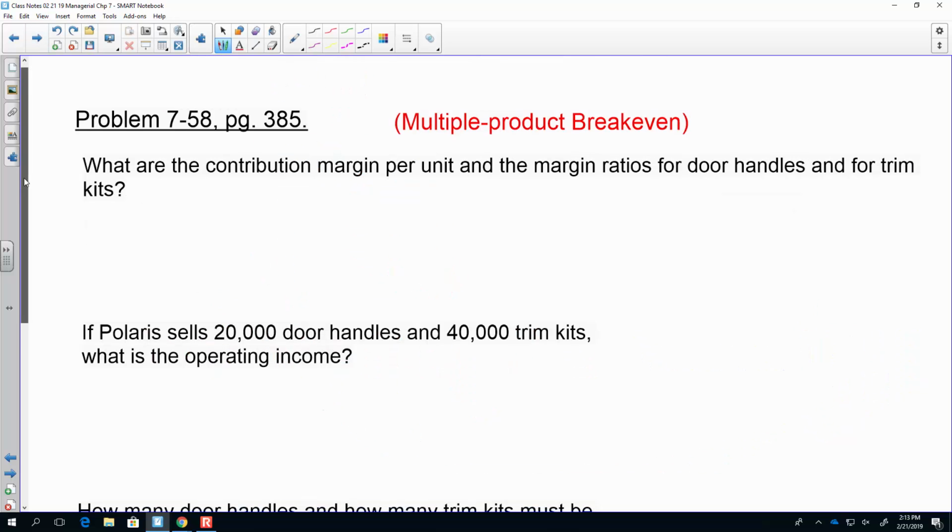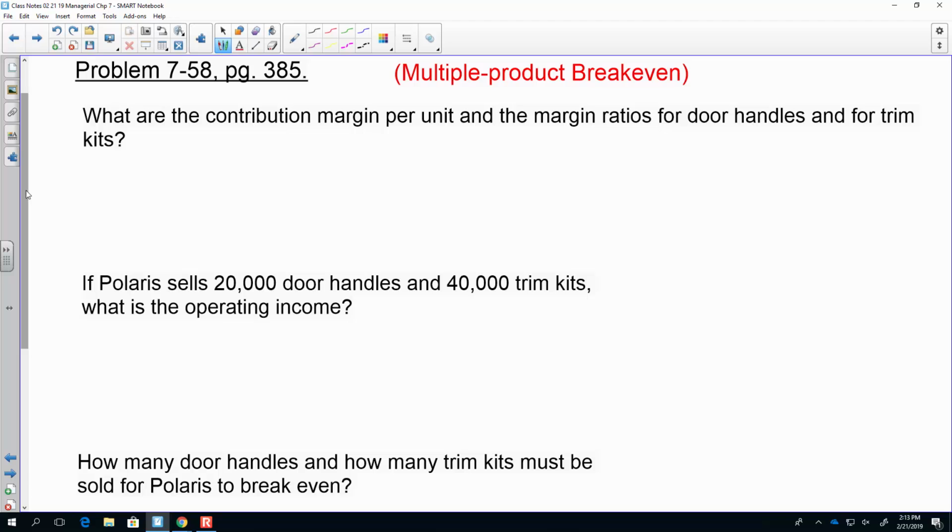Let's do a multi-product break even. Let's see how this goes. 58. Door handles and trim kits. What is the margin per unit for each?